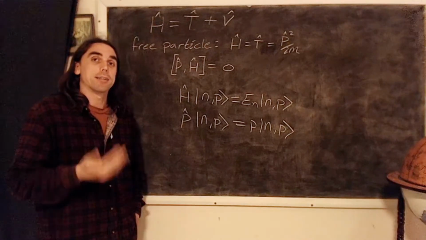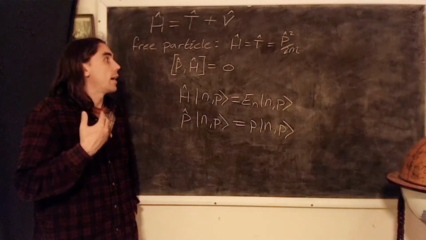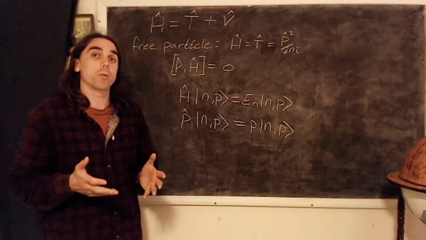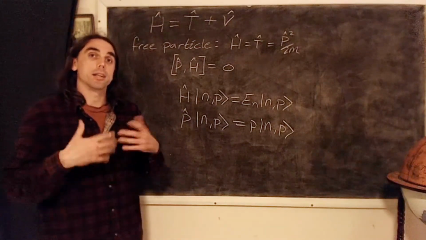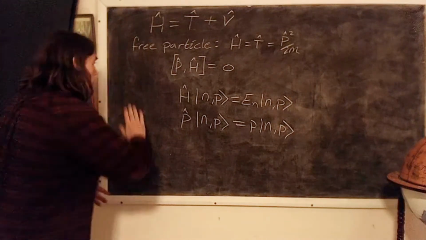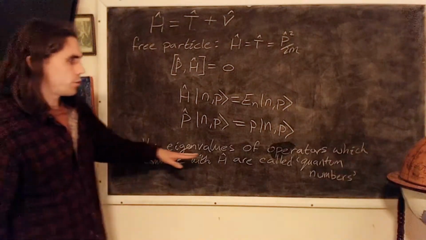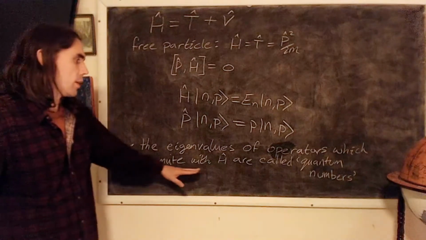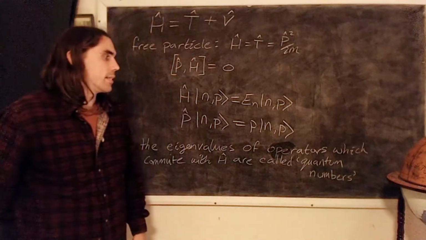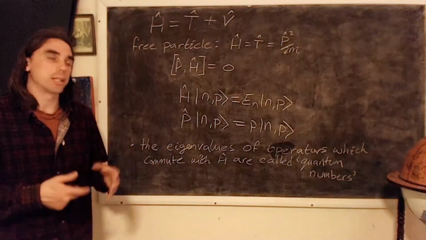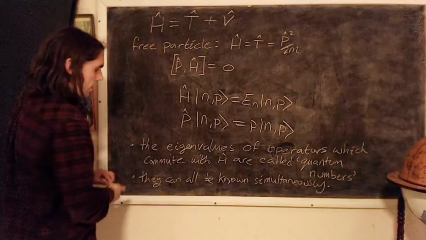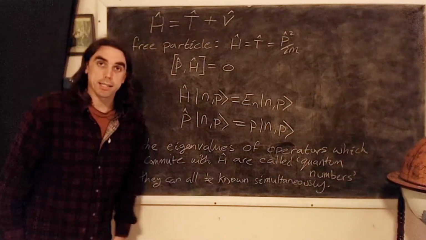Because for that set of operators, we can have simultaneous knowledge of the corresponding physical observable properties, and they'll give time-independent expectation values, so they'll be conserved quantities. The eigenvalues of operators which commute with the Hamiltonian are called quantum numbers, and these are time-independent quantities that we can associate to the Hamiltonian, and they can all be known simultaneously.